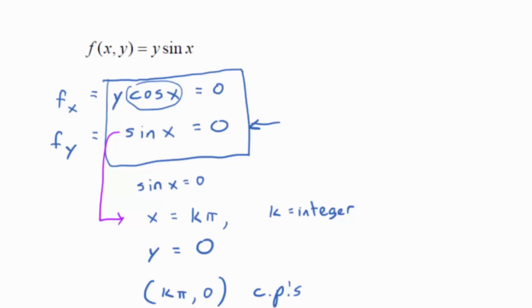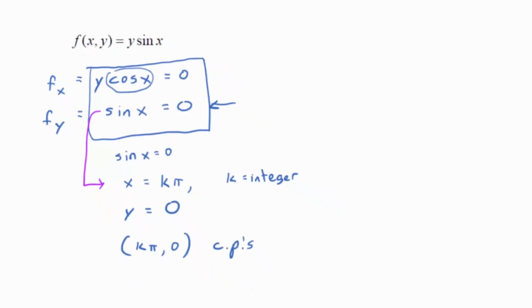So which test do you use, big hint, to determine whether or not those critical points are actually local extrema or a saddle point? You've got to find that quantity D, right? Second derivative test, and to perform the second derivative test, you always find that quantity D first.